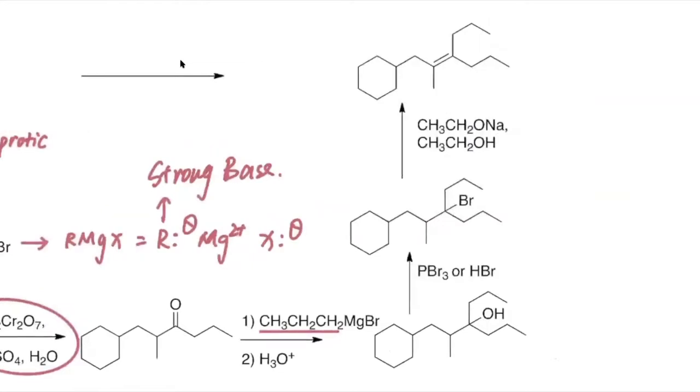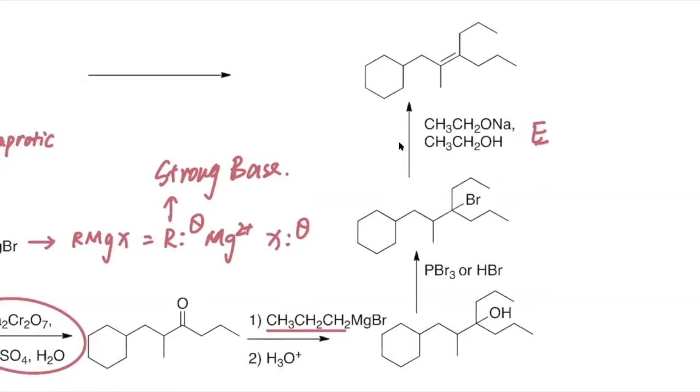So I'm just writing an E. This is the stuff that you are supposed to have learned before your second midterm, which is today, I know. So what type of elimination is this one? Check: there's a good leaving group, and this is a tertiary, and this is a small strong base, right? So this is a small strong base. So what type of reaction is this one?